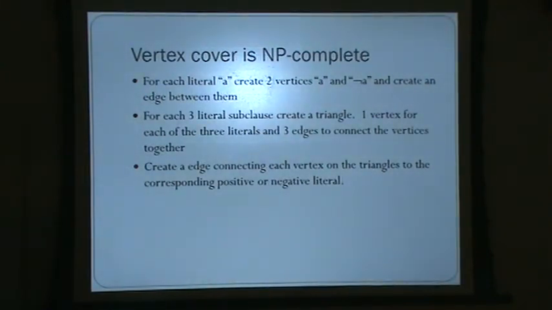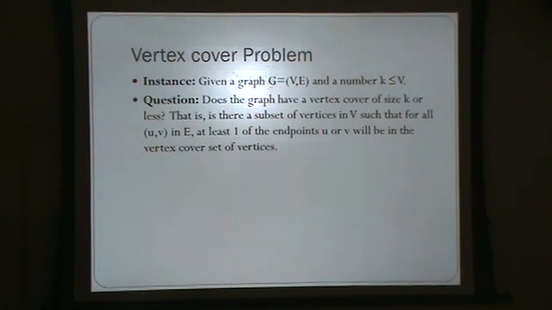So you might think this problem is similar to the minimum spanning tree. It sounds a lot like the minimum spanning tree, right? A minimum spanning tree was you're given a graph and you're asked to come up with a subset of edges that covers every vertex. In this question, you're asked to come up with a set of vertices that cover every edge.